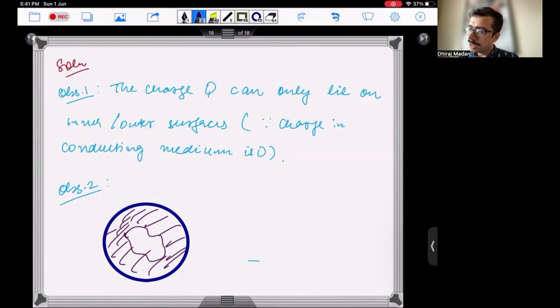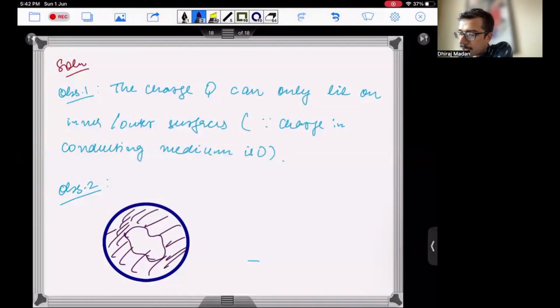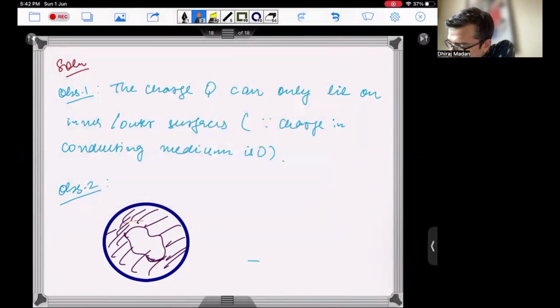Now I try to apply Gauss's law using a surface which passes through the conducting medium. Let me take this dotted Gaussian surface which passes within the conducting medium.